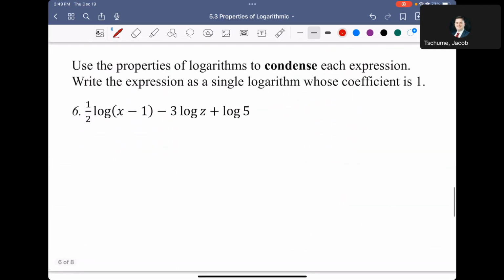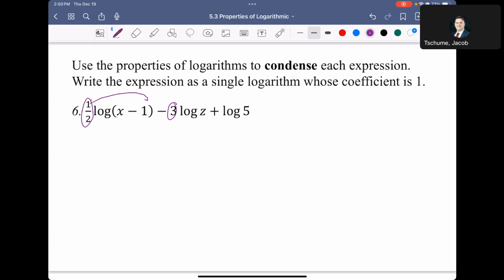All right, just doing one more before we go to the last topic in this video, let's do one that has 3 logarithms in it. We've got 1/2 the log of x minus 1 minus 3 log of z plus the log of 5. I would like you to condense these into one single logarithm. Using our knowledge from the first 2 problems, the first thing I notice is that this logarithm has a 1/2 in the front and this logarithm has a 3 in the front.